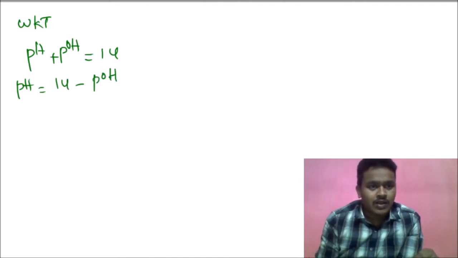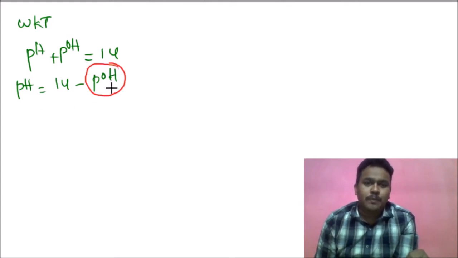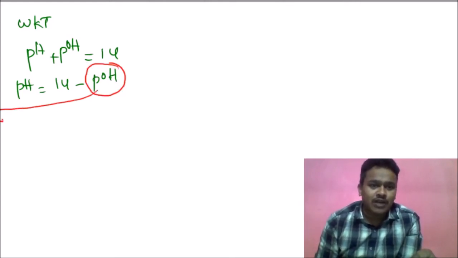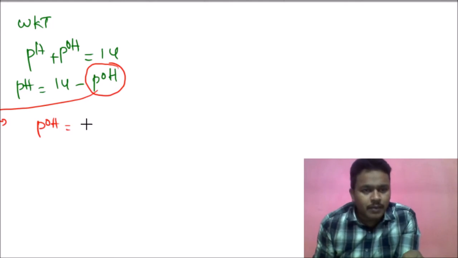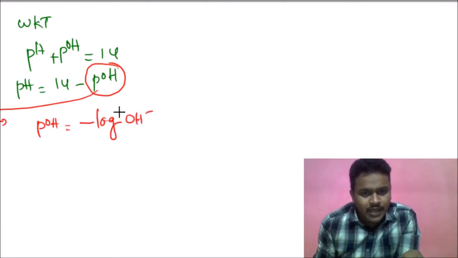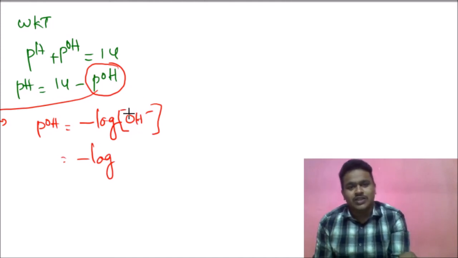It is a basic solution now, so pOH you can find out. What is the formula for pOH? Minus log of OH minus ion concentration.